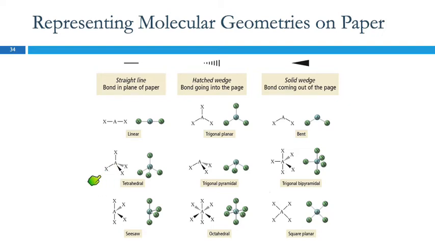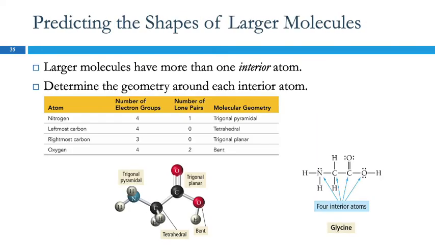So this tetrahedron here, these three are in the plane of the screen. This one's coming forward at you, and that one is going behind. It takes a little practice. But like I said, I'm not going to make you draw things on an exam, right?